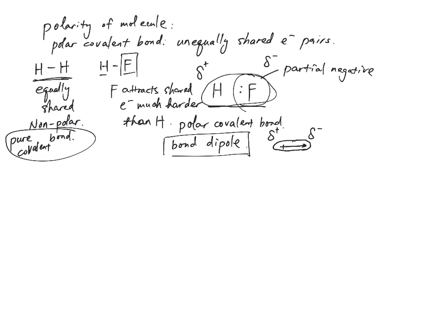Every polar bond has a bond dipole, which represents the imbalance of charge distribution. Now imagine each bond has this bond dipole.